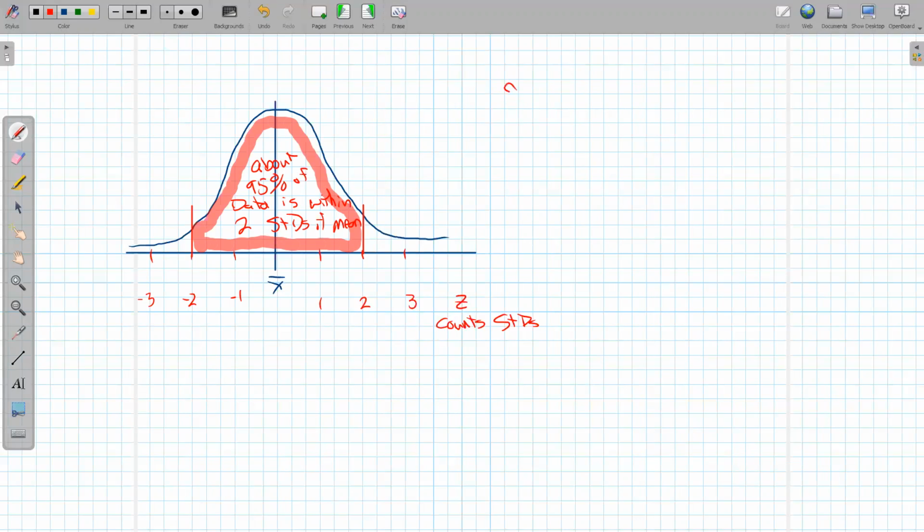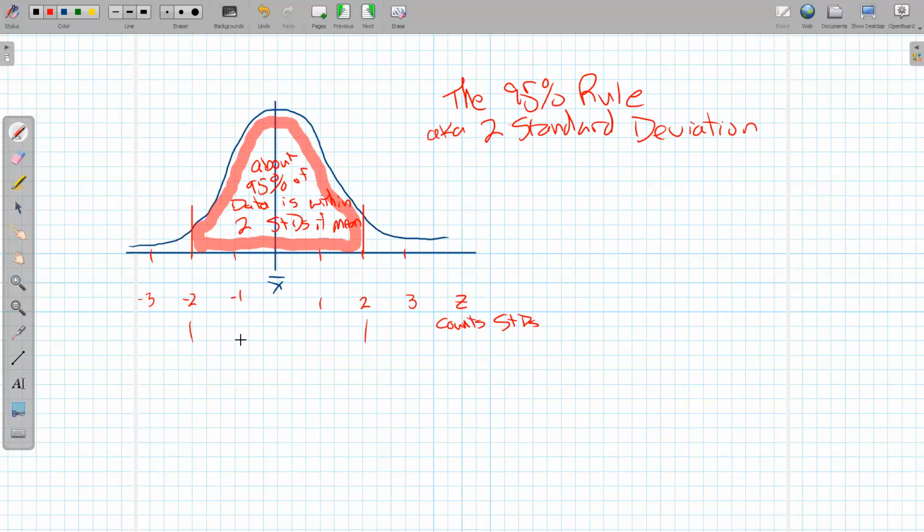Sometimes this is referred to as the 95% rule, or the 2 standard deviation rule. So 95%, that's most of whatever group I'm looking at. This is the usual crowd in here. So the numbers within 2 standard deviations right here are the usual suspects.